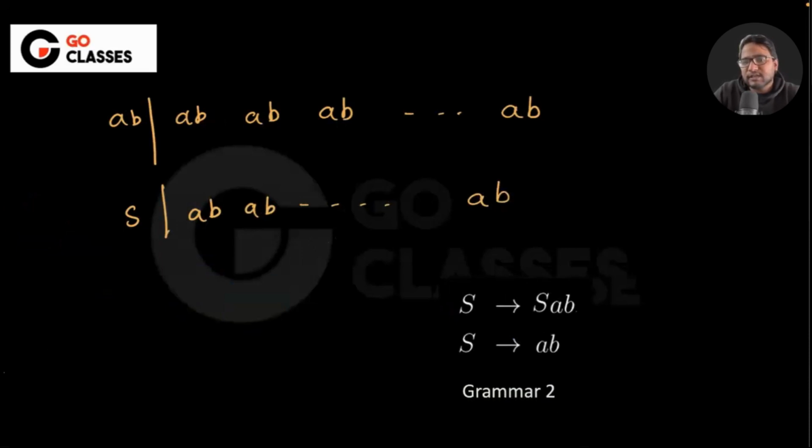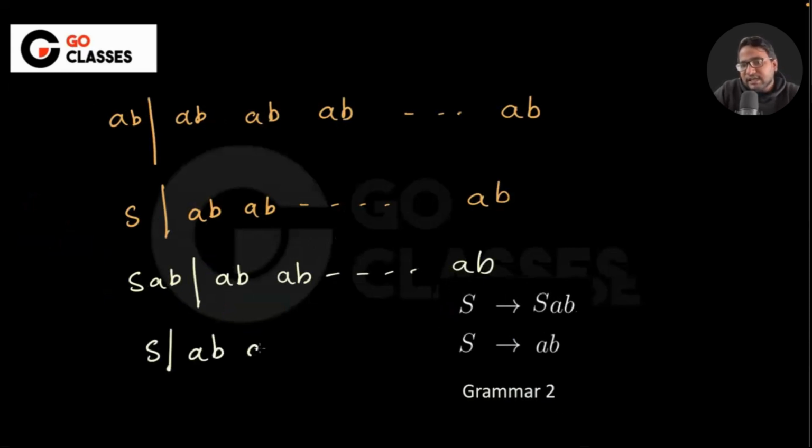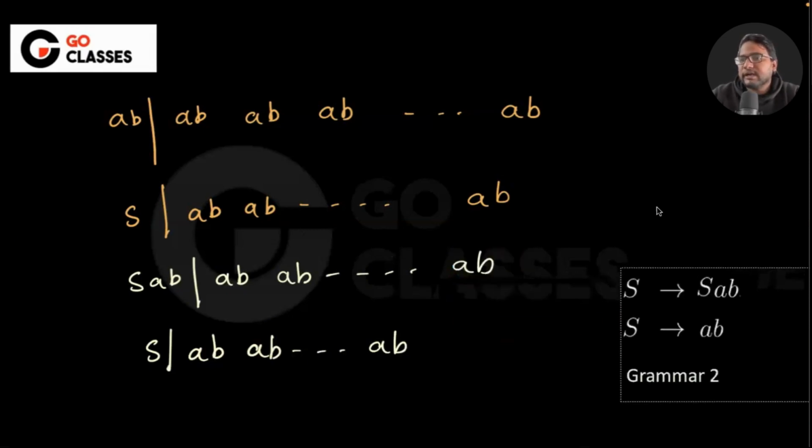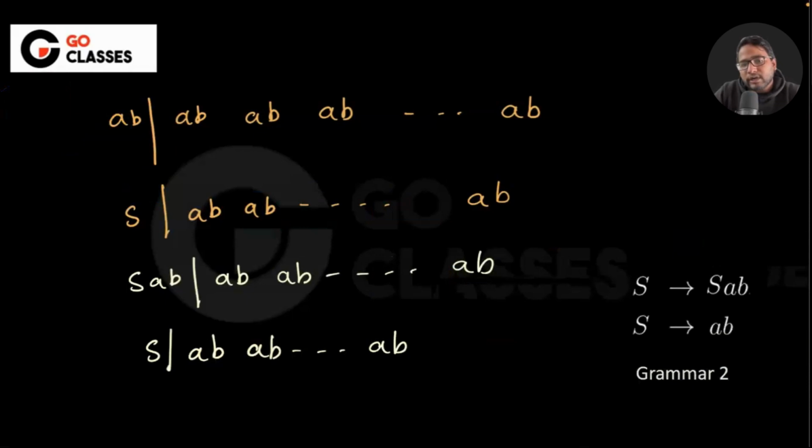Do you have many symbols in the stack? No. Now you have SAB in the stack. You will reduce it, right? Are you even getting a chance to have n symbols or multiple symbols in the stack? No, you're not even getting a chance. You will be reducing, so it will not take theta of n space in the stack. So grammar 2 will not take theta of n space.